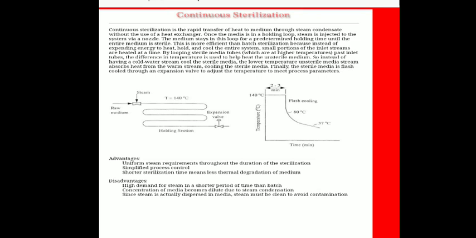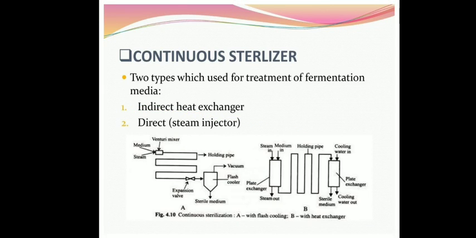In this holding loop, the steam is injected through the nozzles, and then the medium stays in this loop for the predetermined holding time until the whole medium gets sterilized. Now, this whole process we will see one by one. How does the process take place?